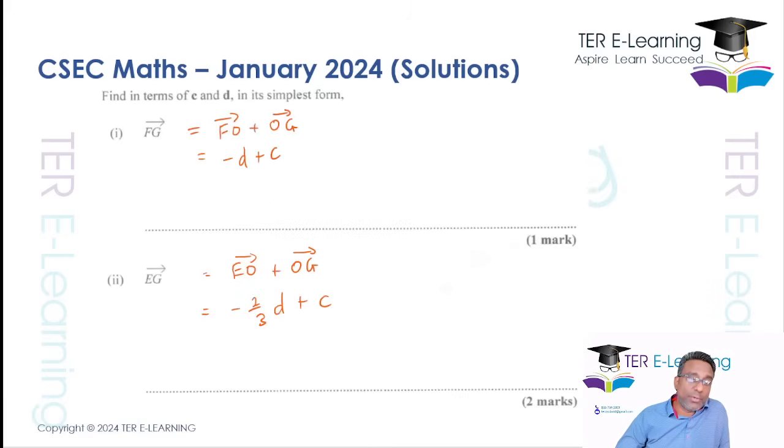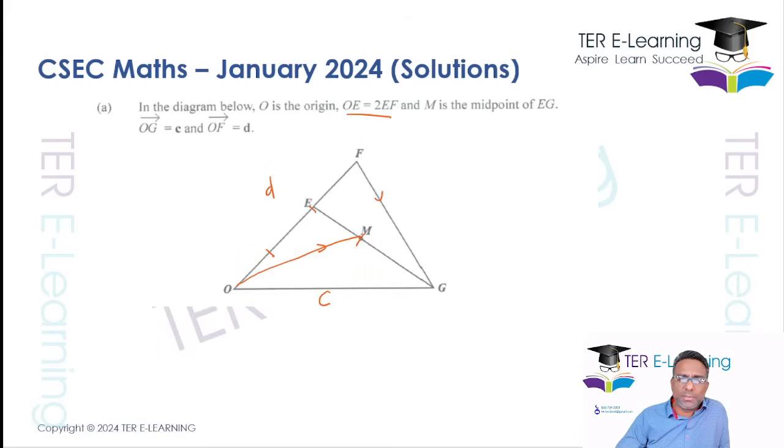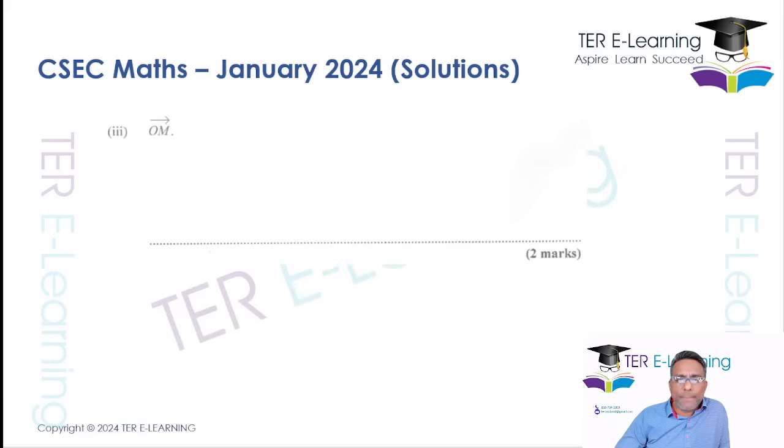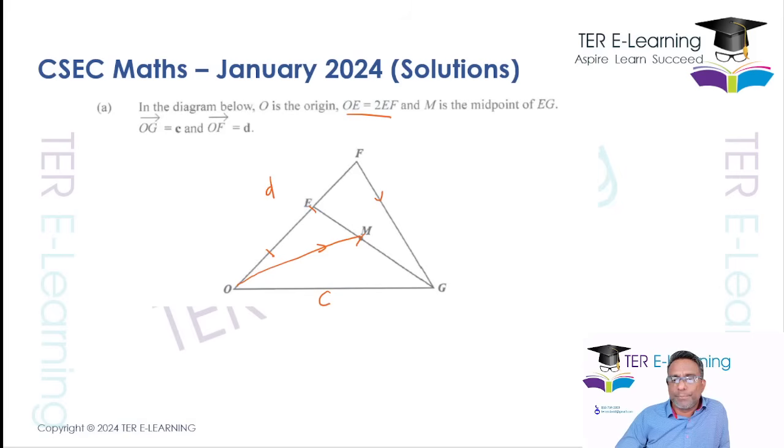Oh yeah, we did. Okay, so we have EG. Let me see something. Yeah, we do have the vector EG, so we're going to have to make use of that. So you want OM.